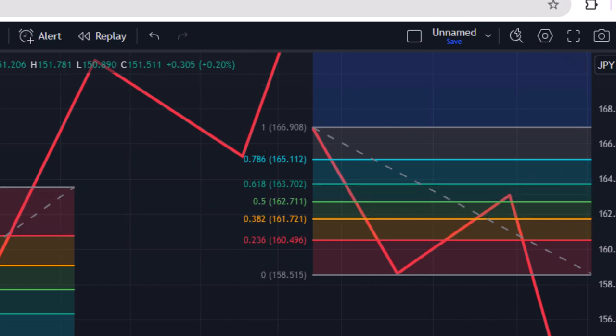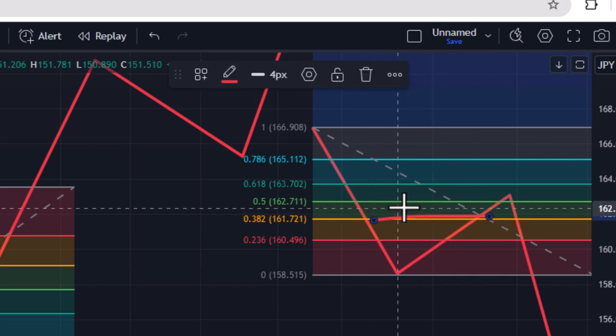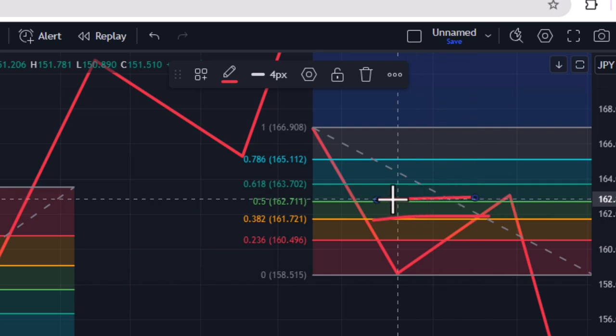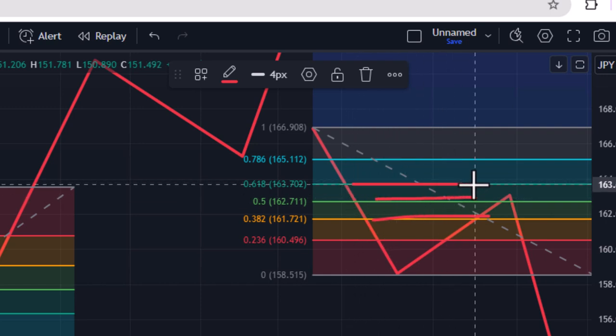The market most of the time retraces within these levels. This 0.382 right here, the 0.50 right at this point and the 0.618 right at this area.